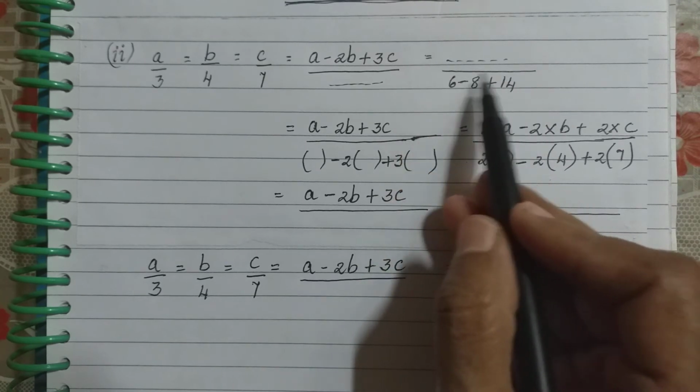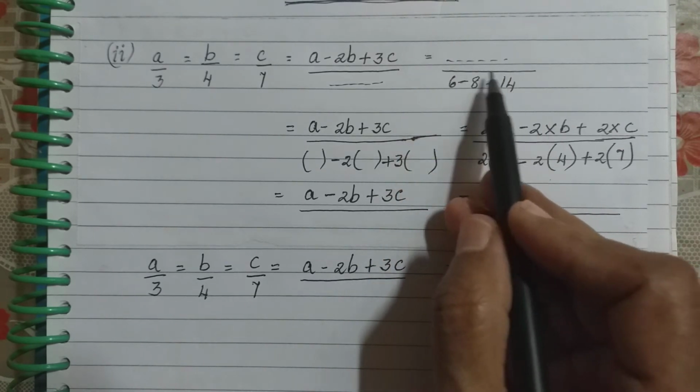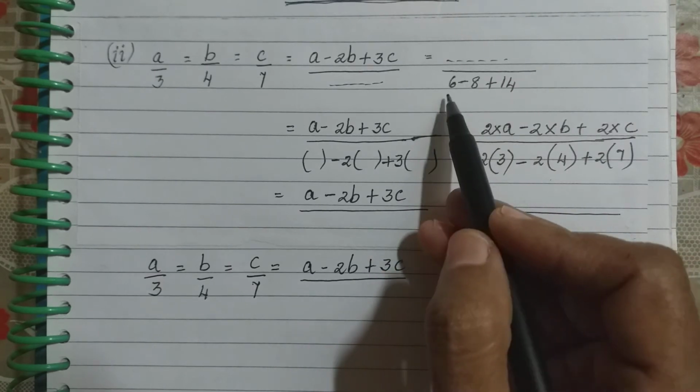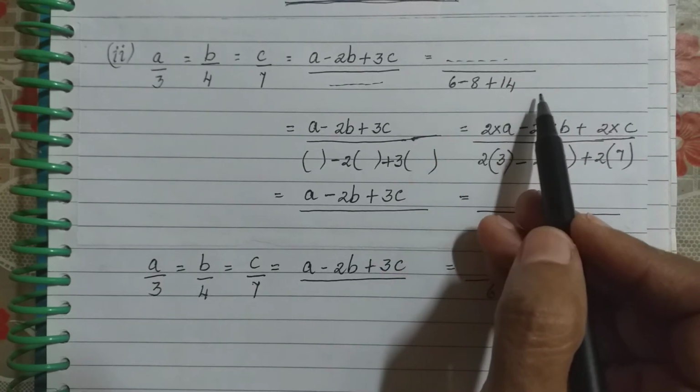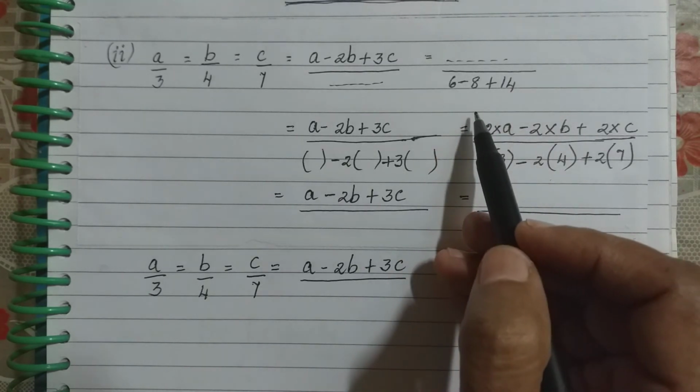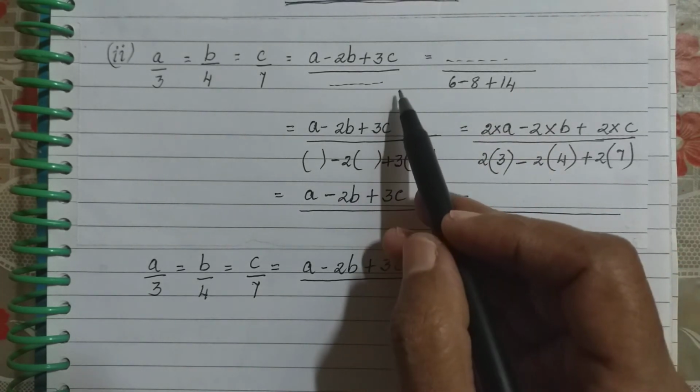Now since they have given 6 minus 8 plus 14, when they give the numerical part, we should identify a common multiple in those and write accordingly. Let us see how we go to that.